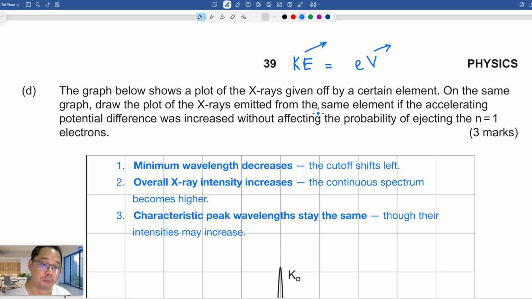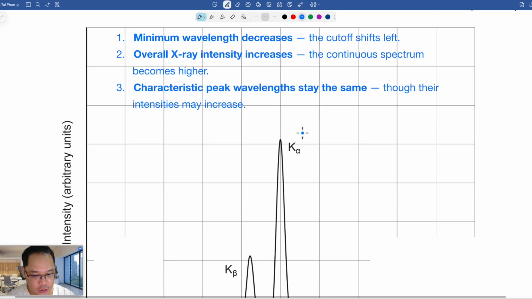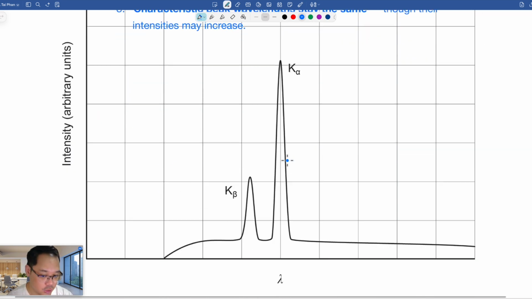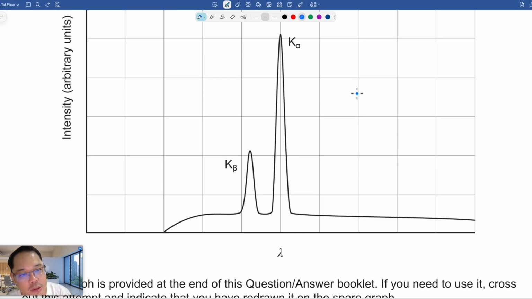Therefore, the amount of energy that those electrons lose when approaching the nucleus of the target metal increases as well. That amount of energy lost is arbitrary. It can have any value, which is why the graph is continuous.